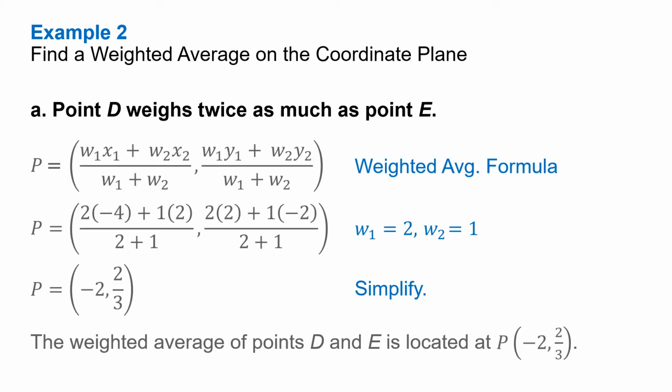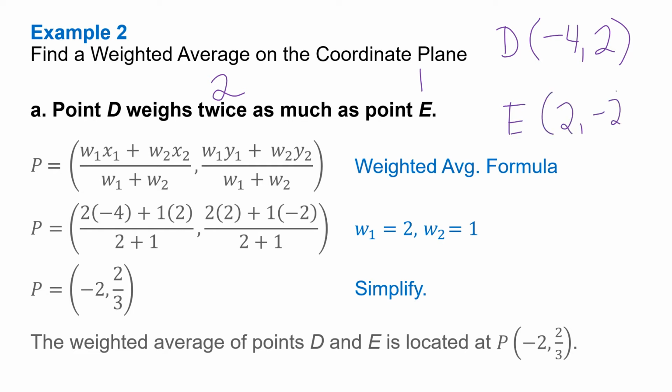Point D weighs twice as much as point E. So twice, remember, means 2, and point E has a weight of 1, so W1 is 2 and W2 is 1. Point D from our coordinate plane has coordinates -4, 2, and point E has coordinates 2, -2.